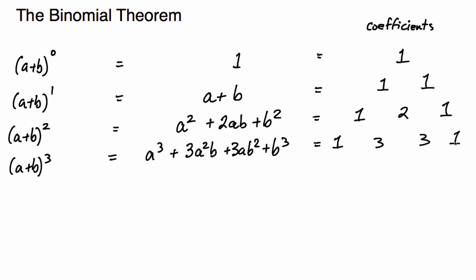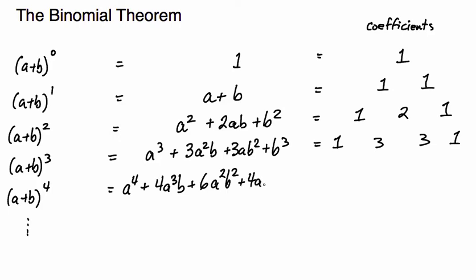I get these coefficients. And you can continue this pattern as long as you want. I'm just going to do the fourth one, so I would get a to the fourth and 4a cubed b and 6a squared b squared and 4ab cubed and b to the fourth, and I'd have coefficients of 1, 4, 6, 4, 1.